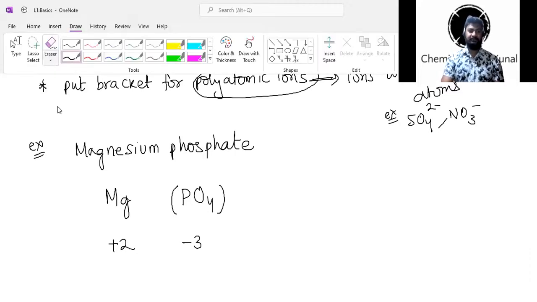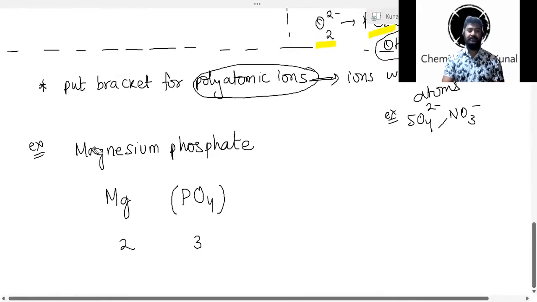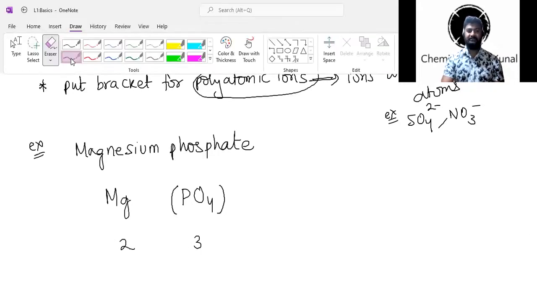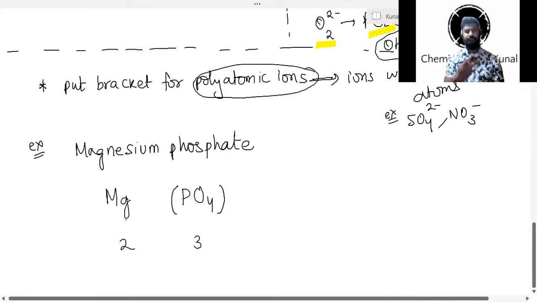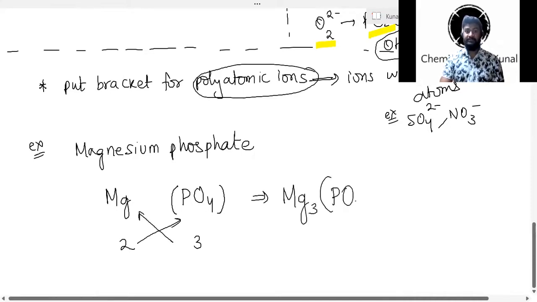Just write the values 2 and 3, and then cross multiply. If you do that, you would get Mg3 and a bracket. See, I told you it's a crime if you don't put brackets. Why? Because of this: Mg3(PO4)2, whole twice. That's how we write the formula for magnesium phosphate.